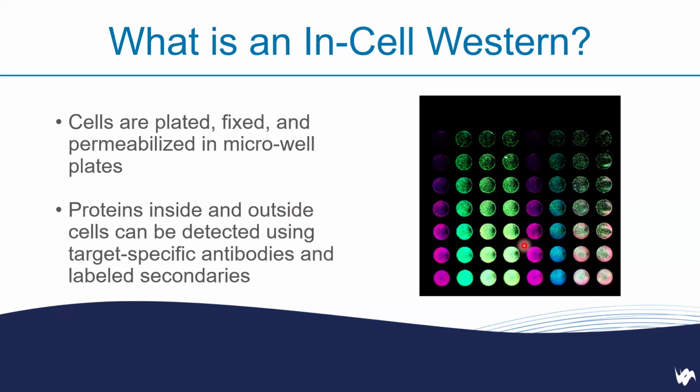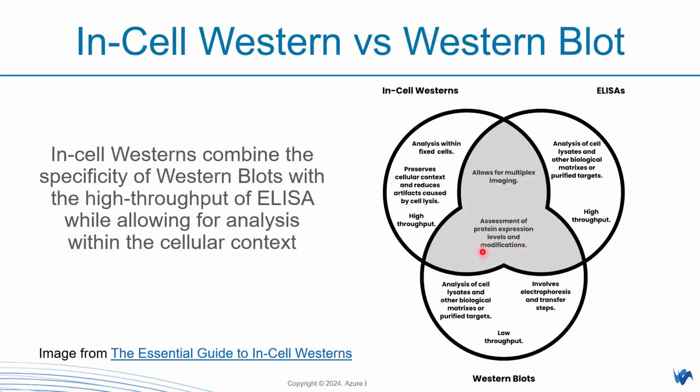And then how this idea comes about is by combining the specificity of Western blot and the high throughput feature of ELISA, while allowing you to analyze anything within the cellular context.